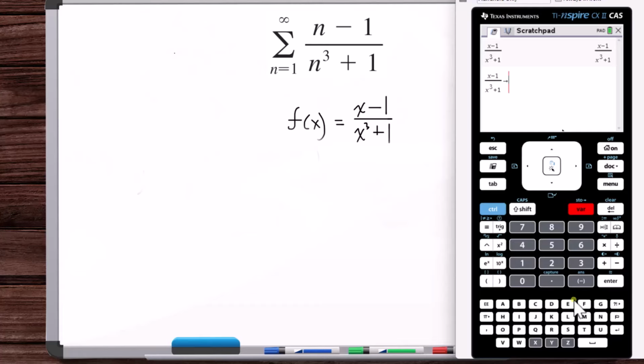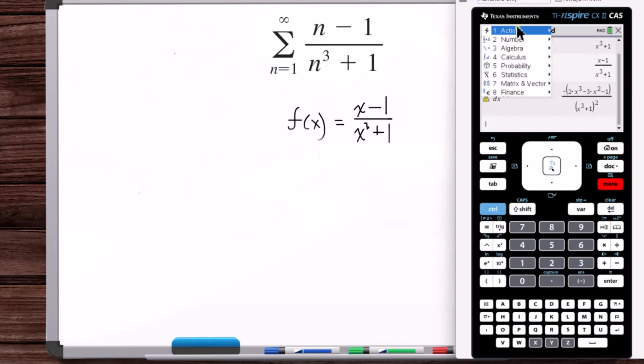Store that as e. Now the derivative of this with respect to x, we'll store that as d for derivative. When is the derivative equal to 0, for what values of x?